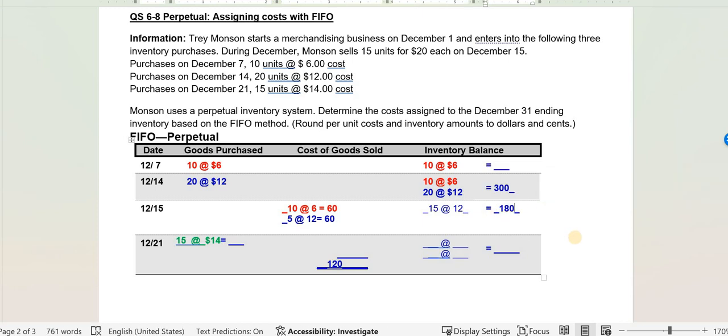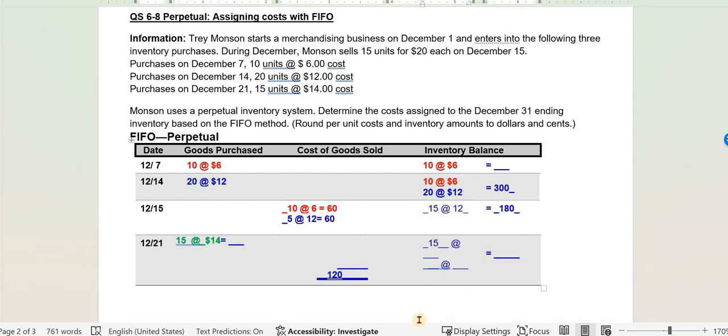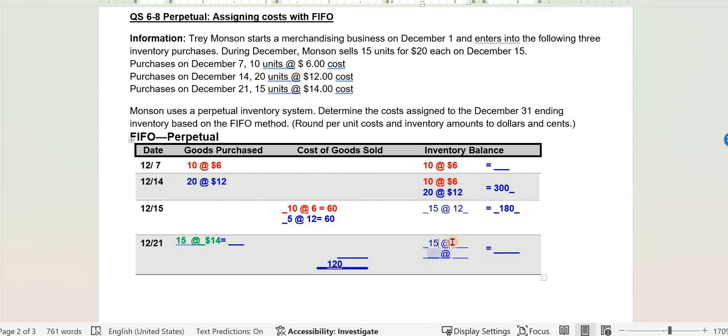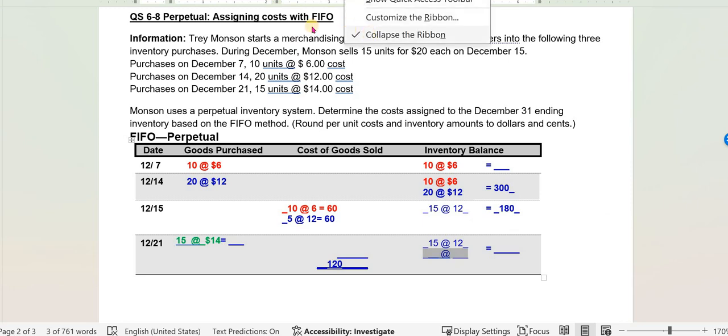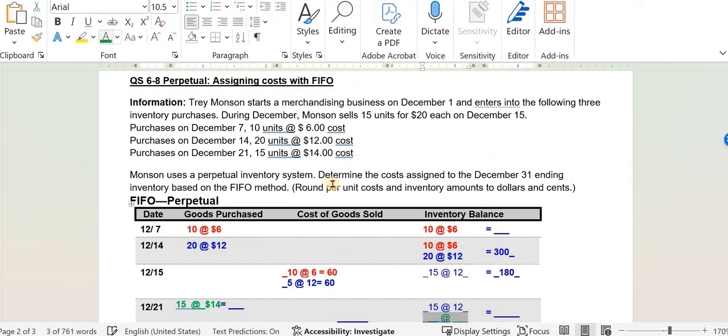What's the next thing Mr. Trey Monson does? On December 21st, he buys more stuff. 15 units at $14. Well, what did he have in his possession? Well, he had the 15 units at $12. They were still there. Now he's buying the green stuff. 15 units. I'm calling it a green layer. Let's make it green.